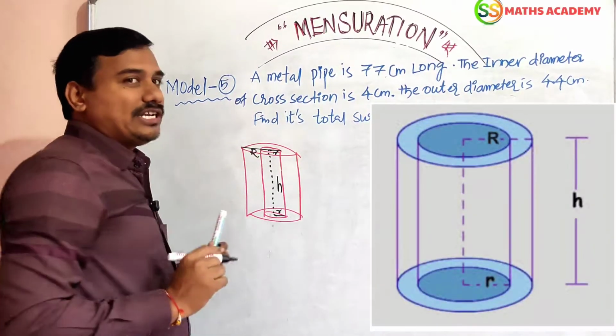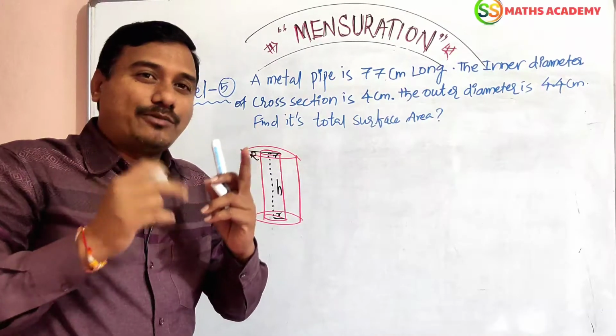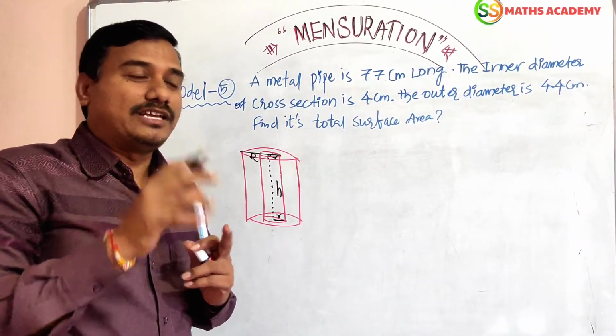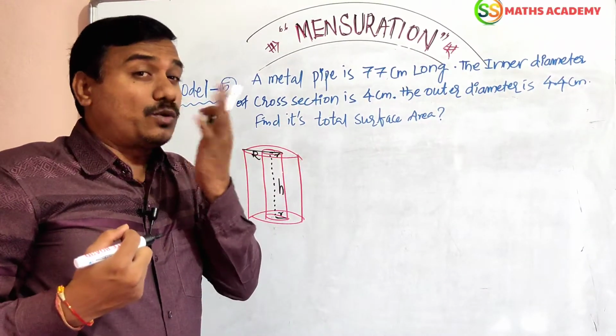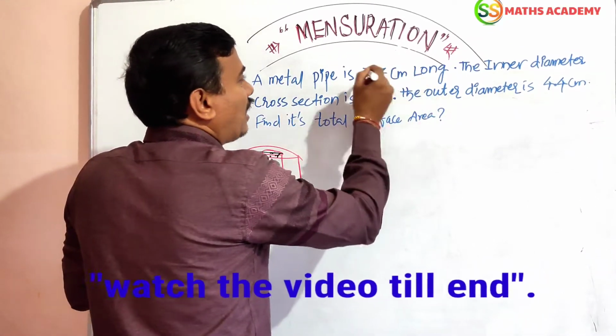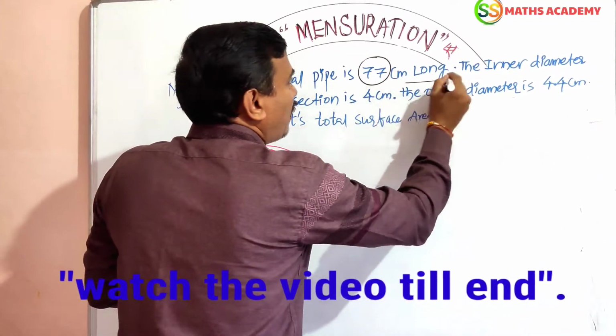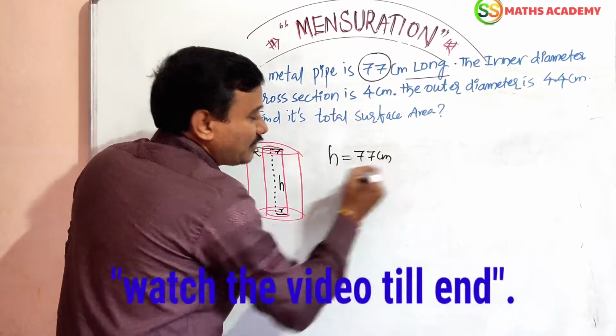In every question, my dear friends, there are some important keywords. You have to pick out the keywords from the question, and you will get the answer. The metal pipe is 77 centimeter long, so the height is 77 centimeter, right?